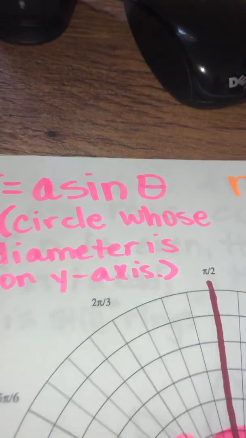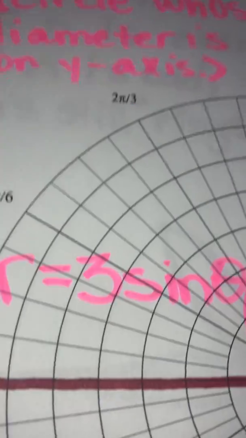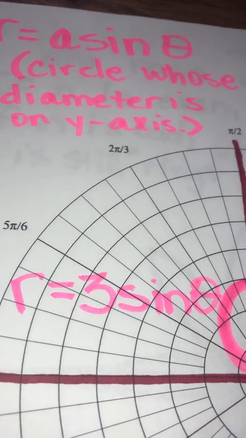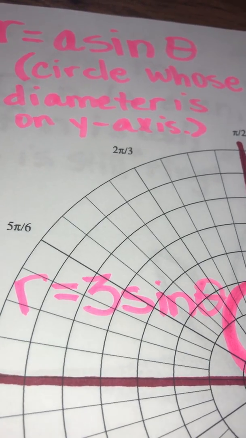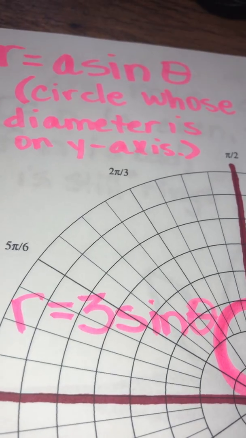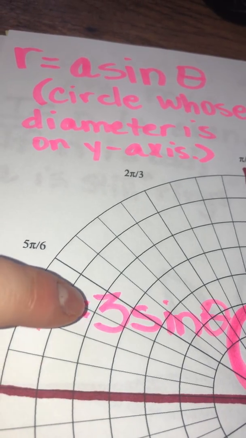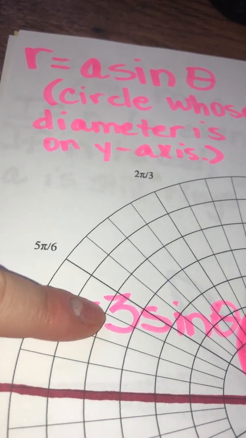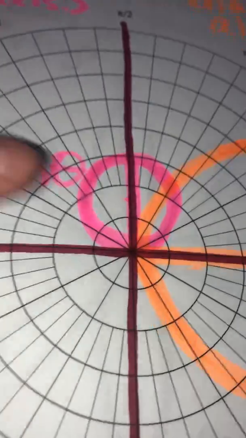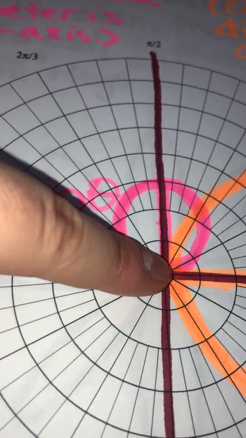So let's say a is 3, and I have r equals 3 sine theta. Then that's a circle whose diameter is on the y-axis, and the diameter is this 3. And it always starts at 0, 0.